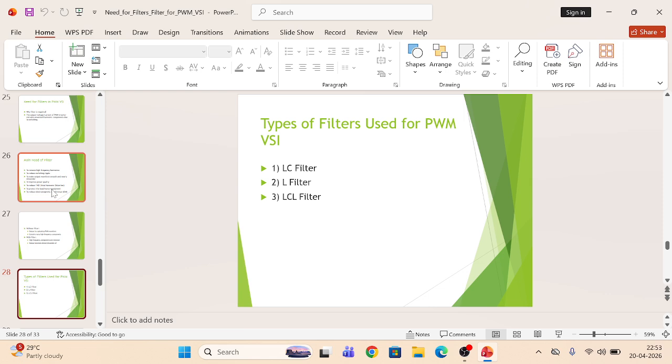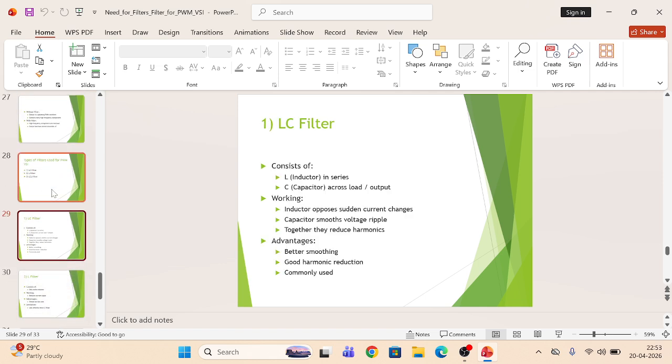Then types of filters used for pulse width modulation voltage source inverter. The commonly used filters are LC filter, L filter and LCL filter. LC filter uses an inductor and a capacitor. It gives good smoothing and is commonly used.